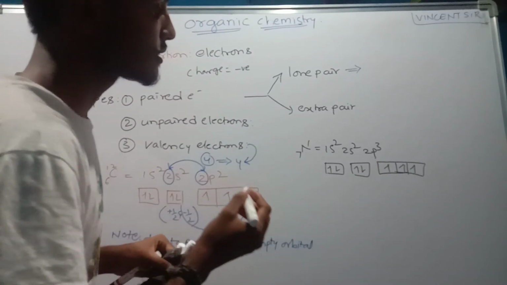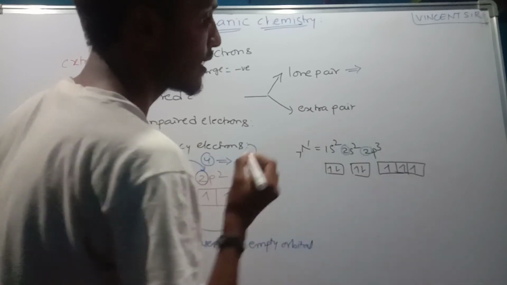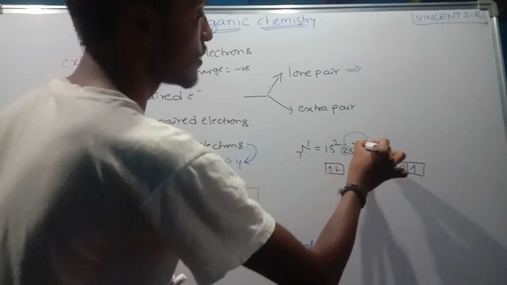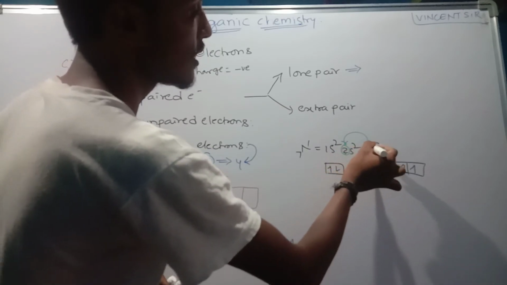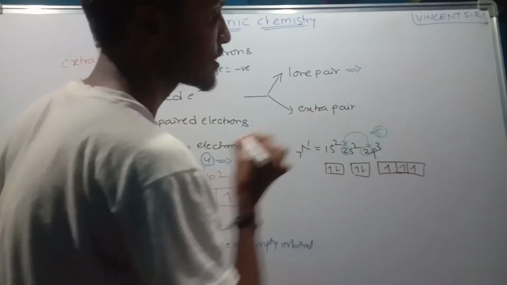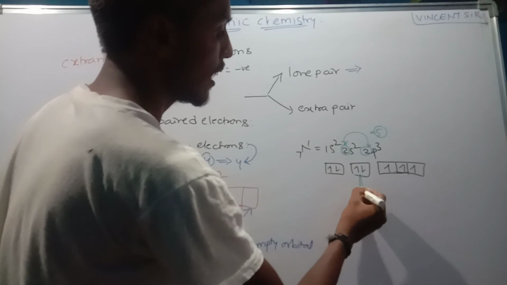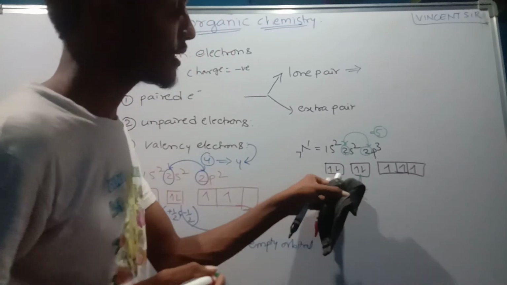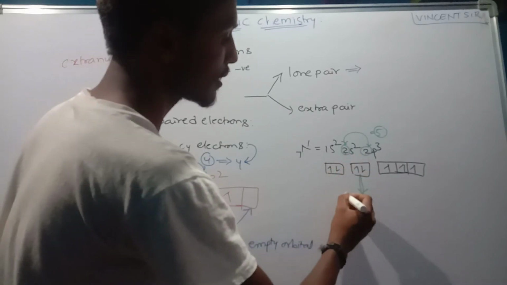Now you can easily see what the valence electrons are. The electrons present in the outermost shell, that is 3 plus 2, 5 valence electrons. And what are the paired electrons? In the paired electrons, is this the lone pair or the extra pair? This is the lone pair.